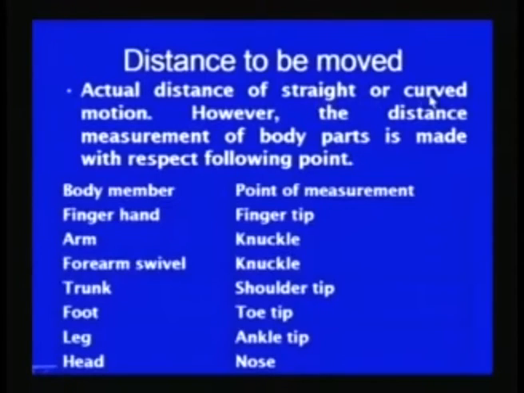For measuring the distance through which the body part will be moving while a motion is being performed, different points are used as a reference. The actual distance of the straight or curved motion is to be measured with respect to certain reference points. However, the measurement of the body part's distance is made with a specific reference point for the different body parts. Here this lists the body parts and these are the reference points with respect to which measurement should be made regarding the movement of the body parts.